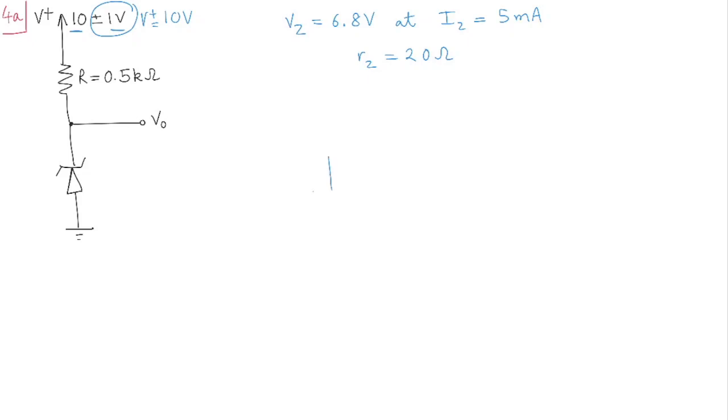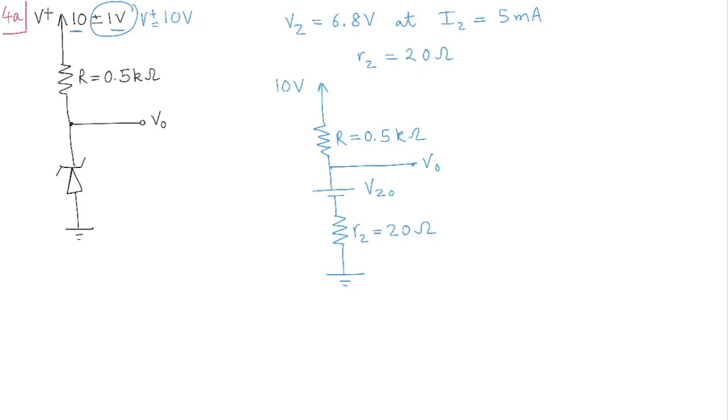It is some kind of voltage here and a resistance, and this resistance is Rz, which is equal to 20 ohms. This voltage is Vz0, which we have not yet calculated. Okay, and then we know that there is a resistance here in the circuit, R equal to 0.5 kilo ohms, and the voltage is 10 volts. So this is our circuit.